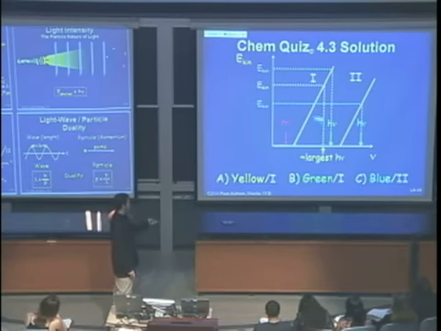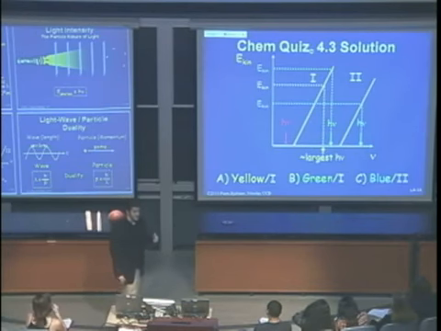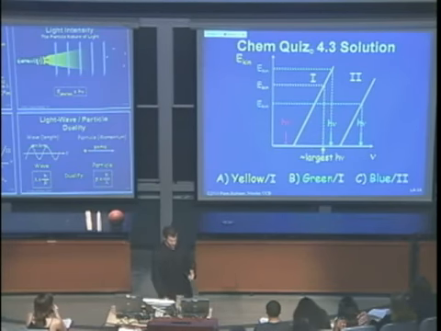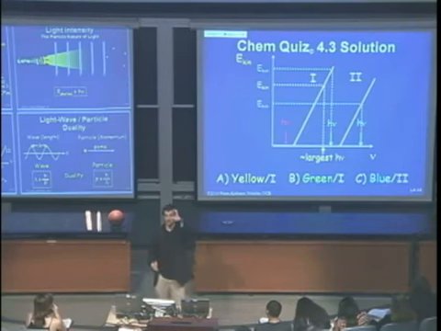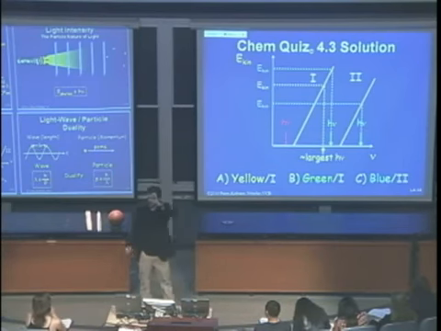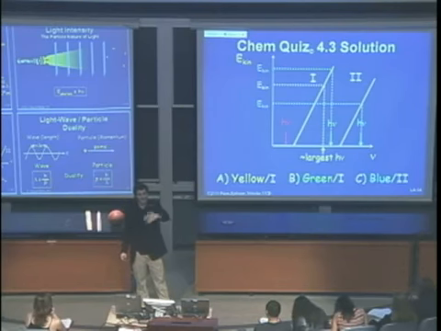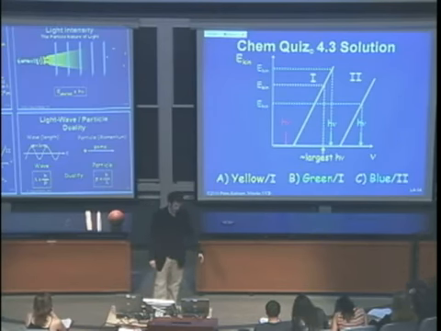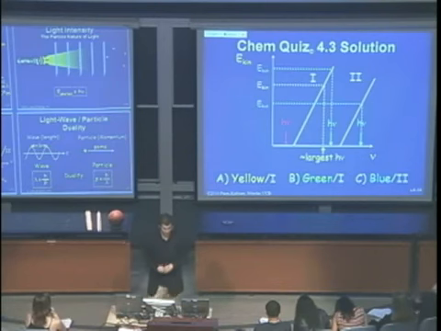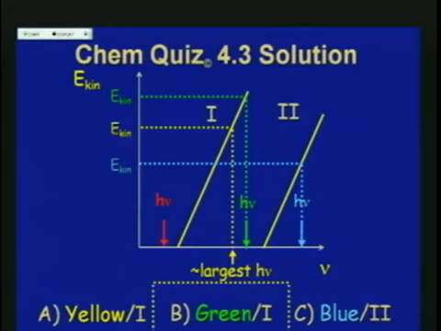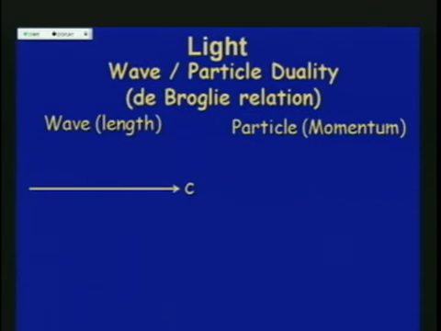If I put blue on metal 1, it would have the most kinetic energy, but since metal 2 has a higher work function, I've got a set amount of energy in that photon. I take away the work function of the metal, and what's left over is the electron kinetic energy. Okay? So it was B, green, metal 1, most kinetic energy.